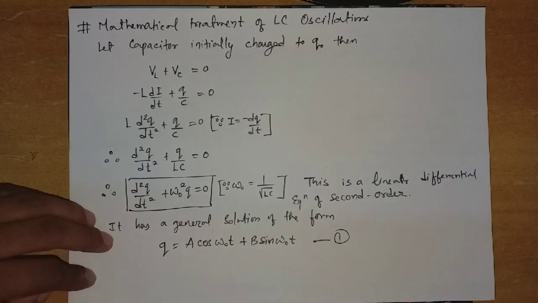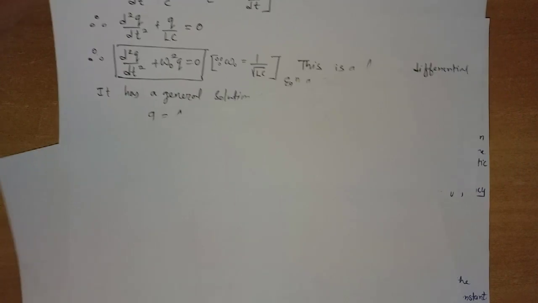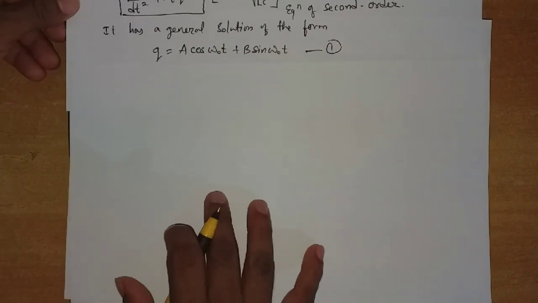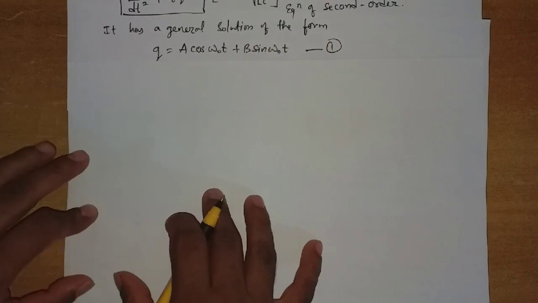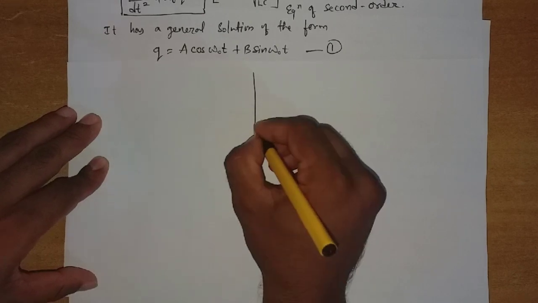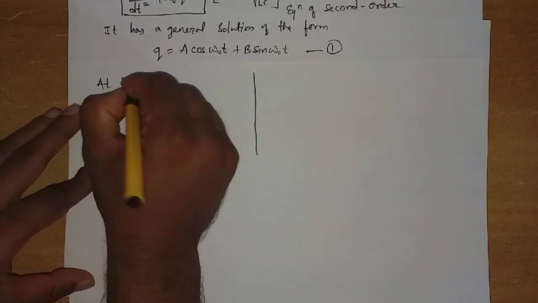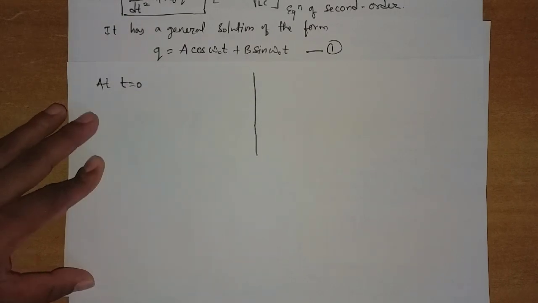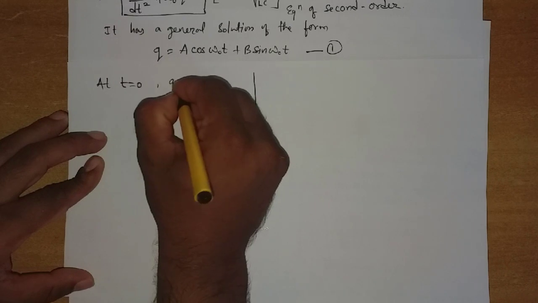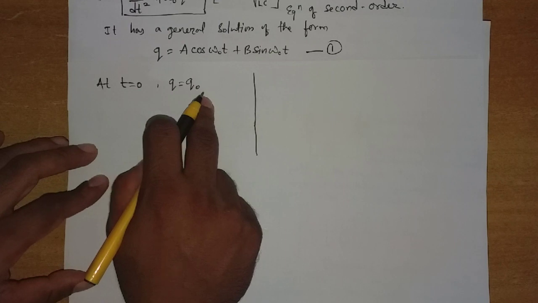So now this solution, we can treat in two ways. Let's see. Suppose at time t equal to 0, that is the initial condition, the charge Q will be the initial charge, so Q equal to Q naught.